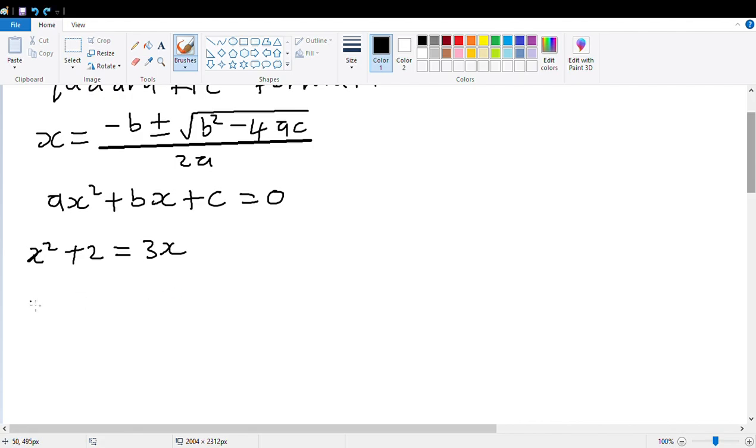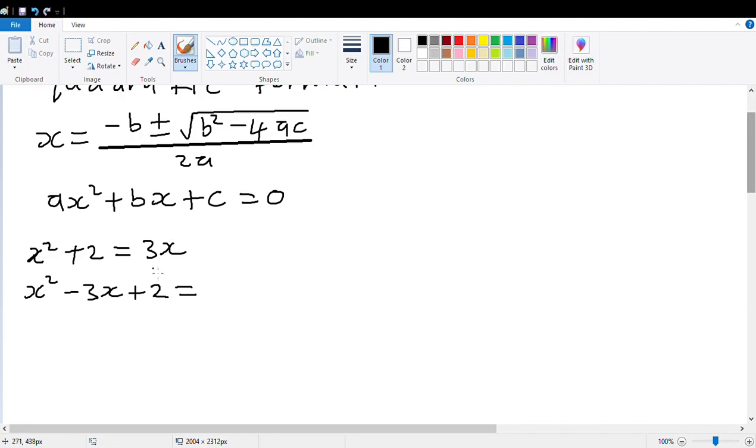So doing that, we'll be having x squared. This 3x will change your sign, meaning it will be minus 3x, because if one term moves from one side to the other, the signs will change. Therefore this plus 2, since it is still on the same side, will remain as positive 2.